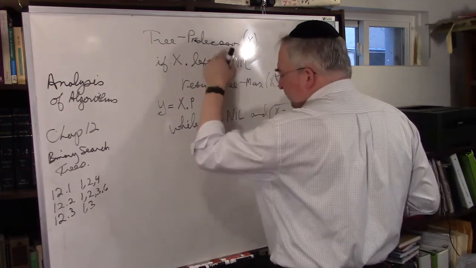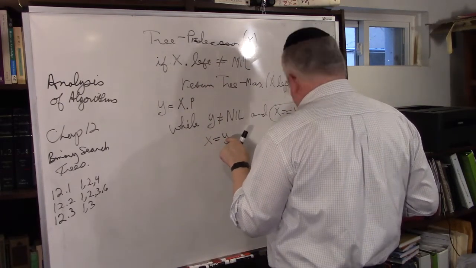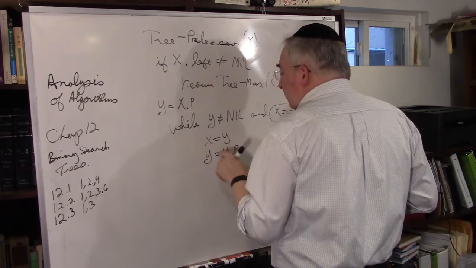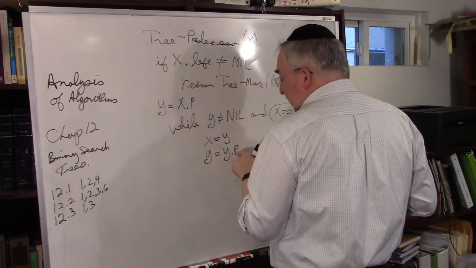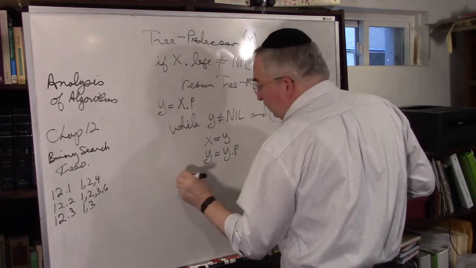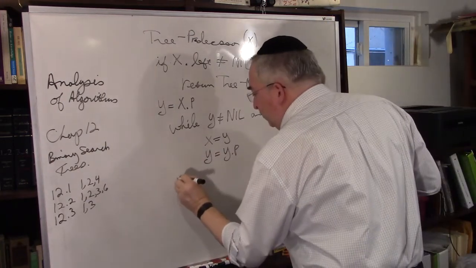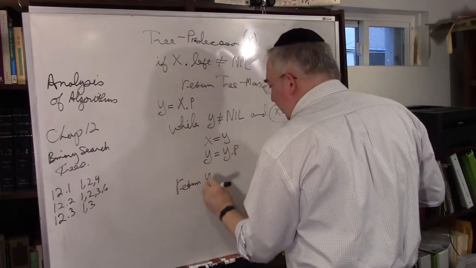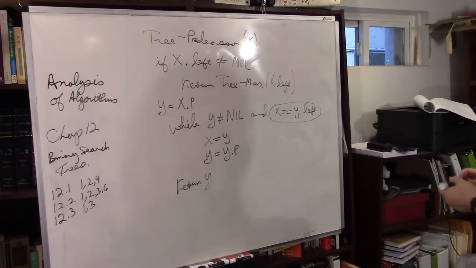We're climbing up the tree, so set x, the son, to the same place where the father is. And y is equal to y dot p. Move up. Let y, what was the father, now go to the father's father, the parent of the father. So we're climbing up the tree. And when we stop here, when you finish, then return y. So we need to do this for a few minutes and understand it.